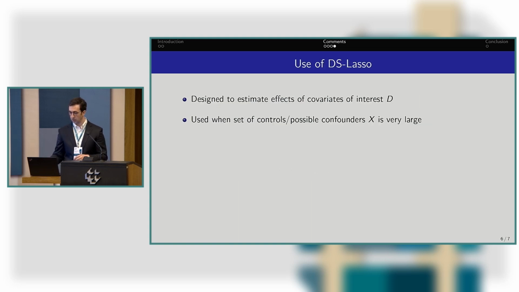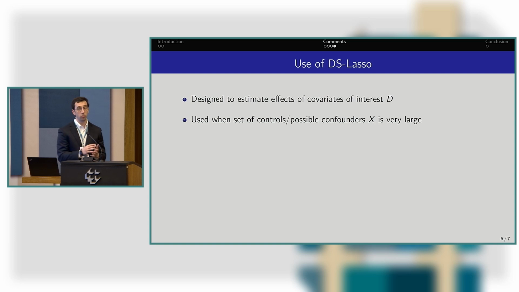All right. So the last comment relates to the use of this econometric method. Now, I am not an expert econometrician myself. I had to go and pull some of the papers that are referenced, and then I read some of the forward citations of those too. So my understanding of this is that it's something that is designed to estimate the effects of some predetermined set of covariates of interest.